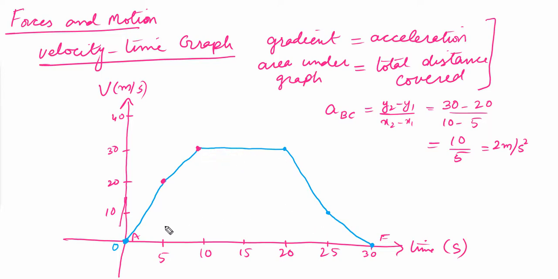In order to measure it, I'll split this graph into small rectangles and triangles, then measure the areas of the individual rectangles and triangles and sum them up, and we'll get the total area, and that total area will give me the total distance from point A to point F.